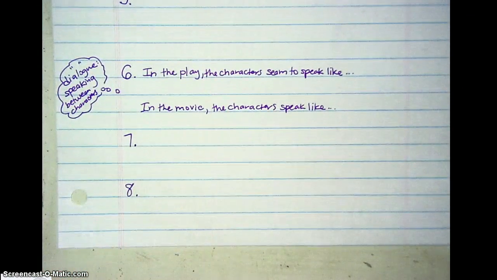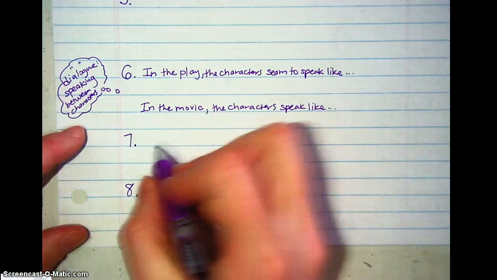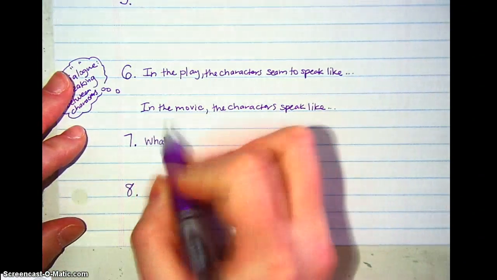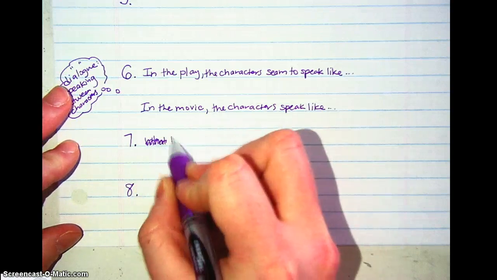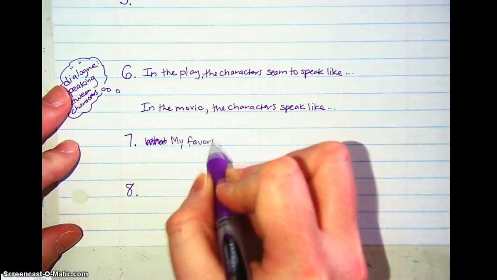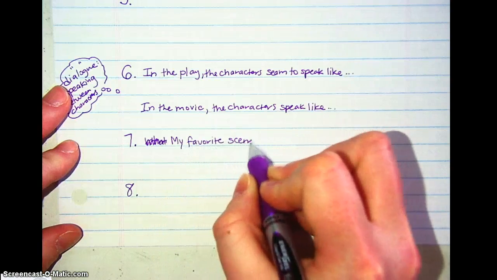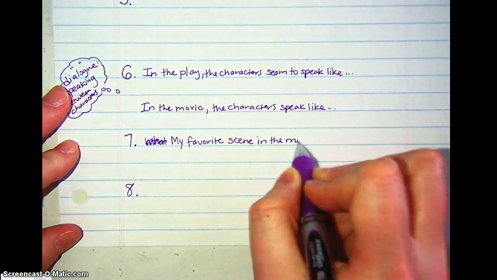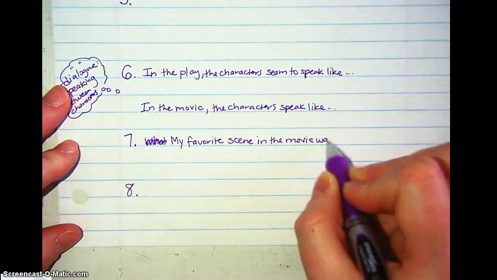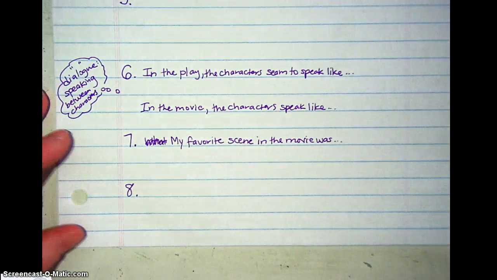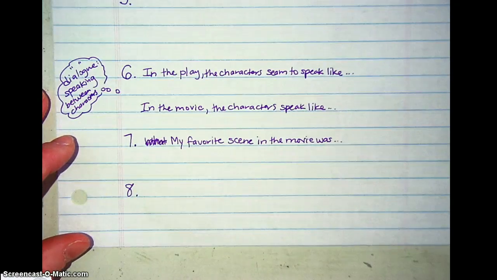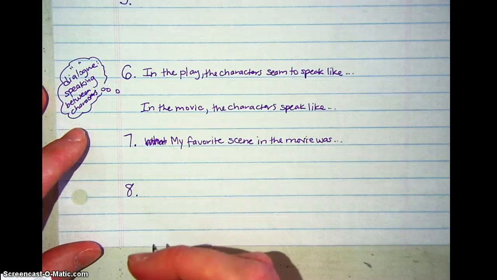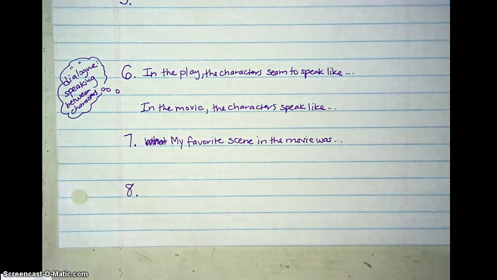For number seven, what was your favorite scene in the movie? I'm writing the question. Don't write that. My favorite scene in the movie was what? And then lastly, number eight, do you think that Anne would have told her story as it was in the play? And how about the movie? What would she have added or removed from either?